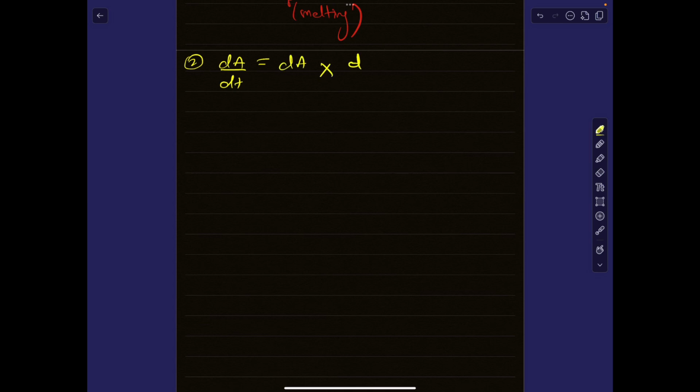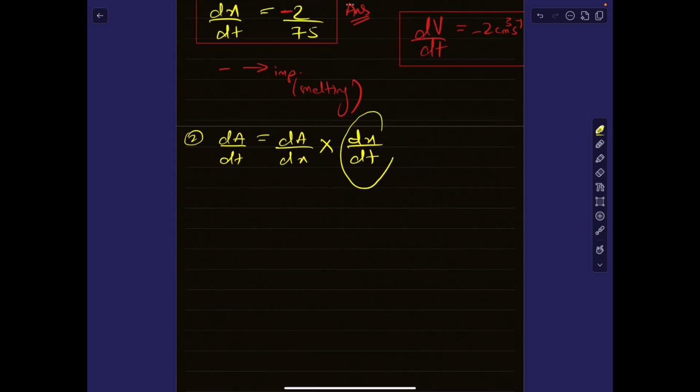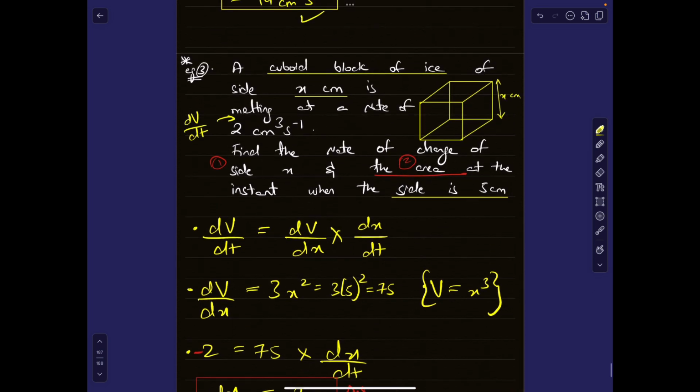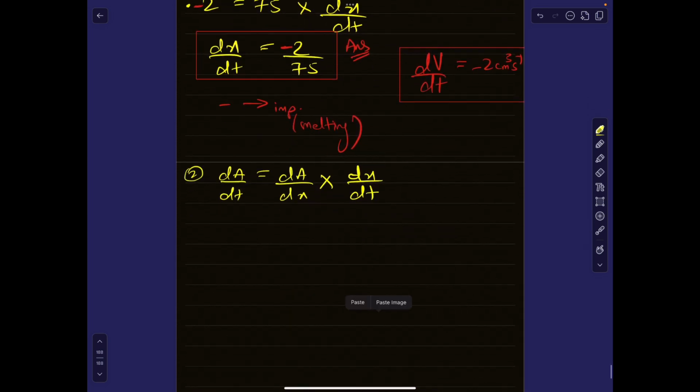So we have the third variable used to relate dA over dt, dA and dt. Thus, this is our chain rule. We have this thing right here, and we need to find dA over dx. When it comes to 3D shapes, remember that when talking about area, we're talking about surface area, in this case of a cuboid, and that is given by 6x square.